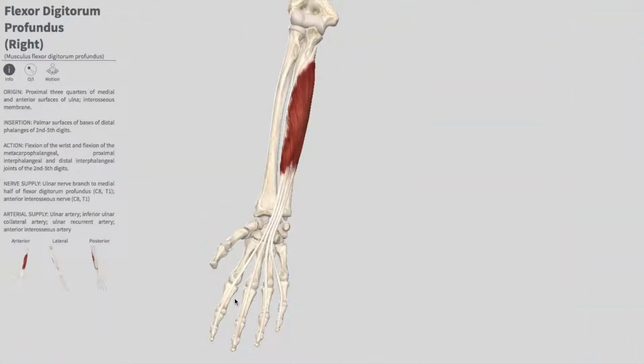And the profundus is going to originate at the anterior surface of the ulna and the membrana interosea. And then again insert at the phalanges distalis, so the second to fifth finger. And this muscle is going to be responsible for flexing the phalanges distalis, medialis, proximalis, and the whole hand, the manus.